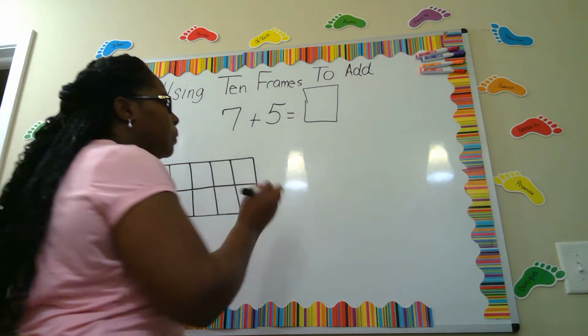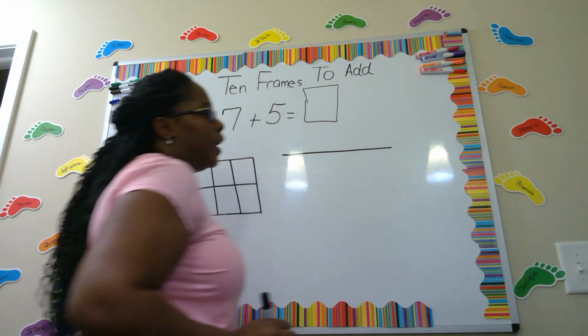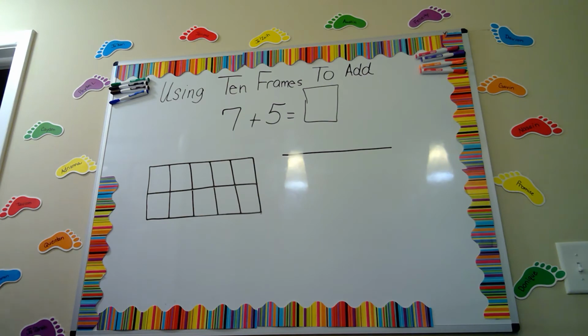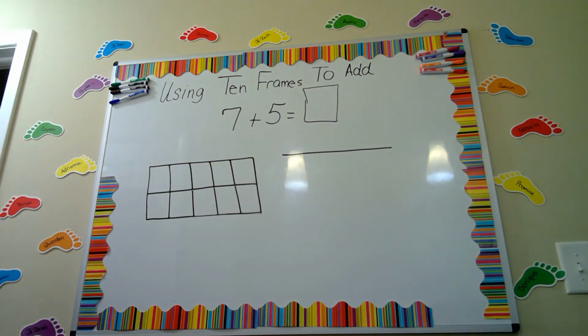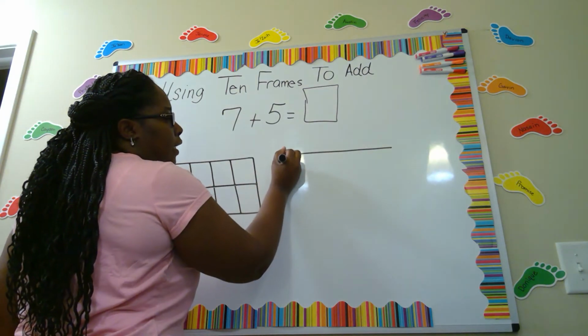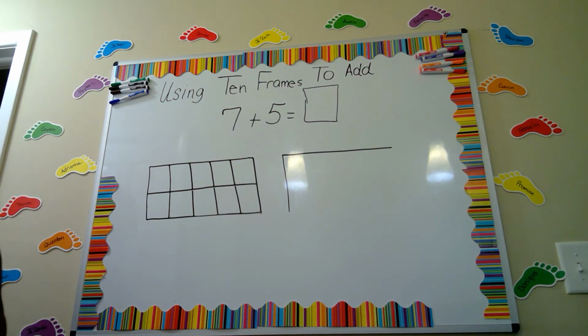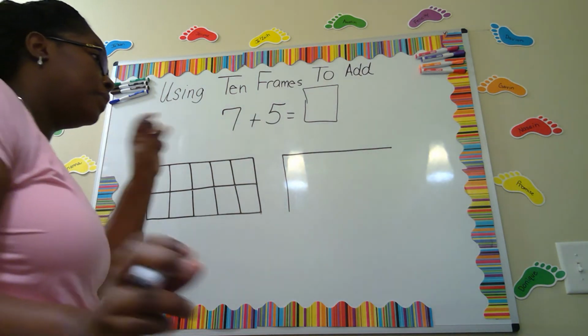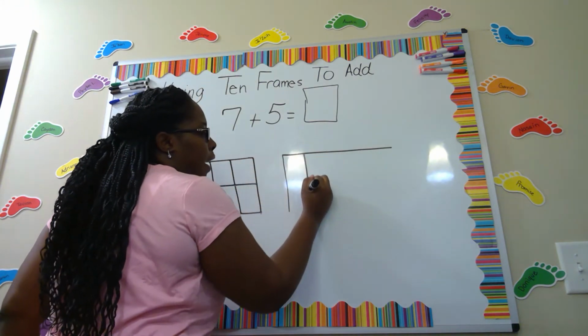Then I'm going to go over, do my second 10 frame, draw a line across. It's going to be right next to it, but it's not touching. I have some space, got some breathing room. Okay. Then I'm going to draw a line down on the left side. Then I'm going to use my 3 fingers again, if I need to, and draw a line down.